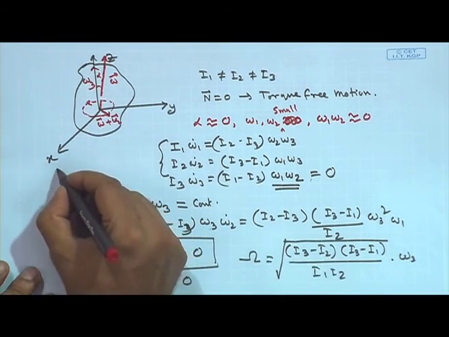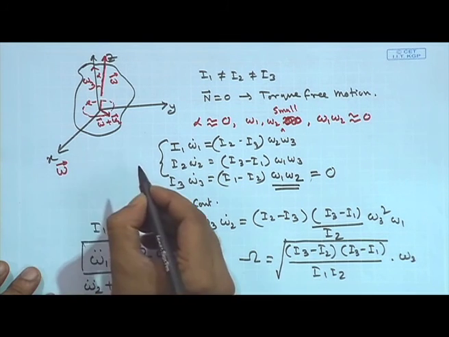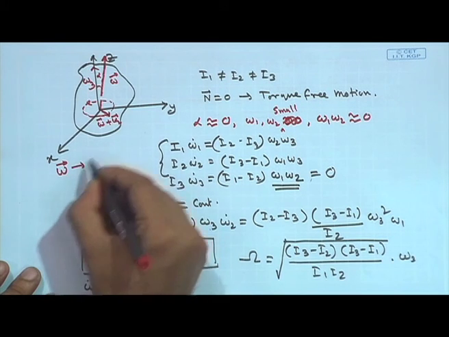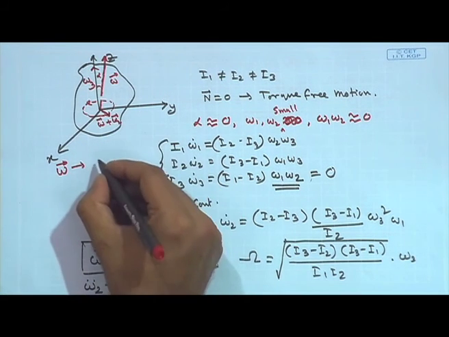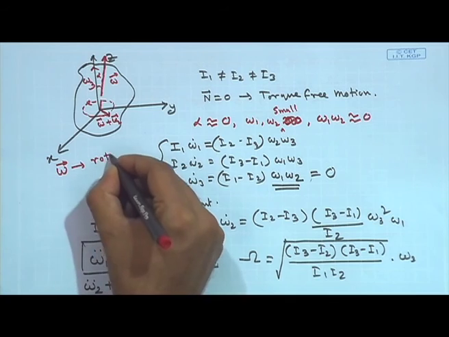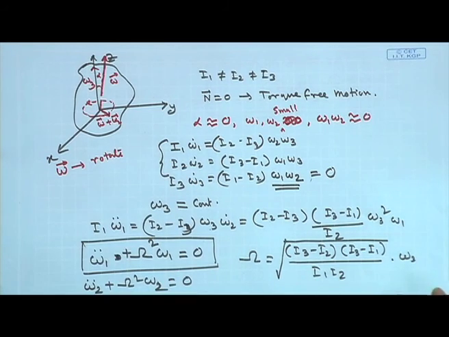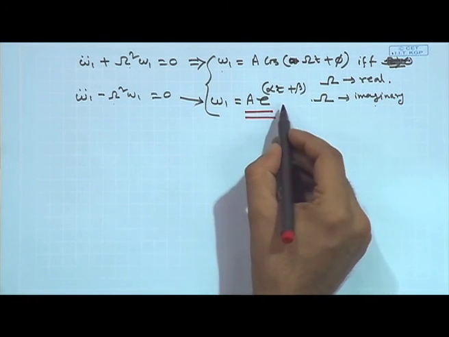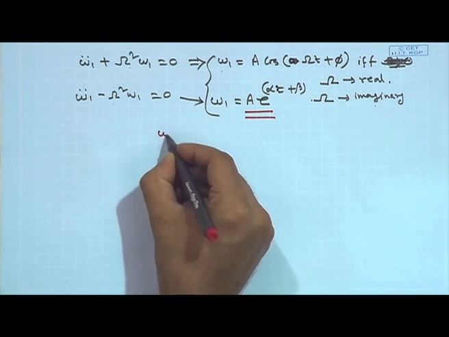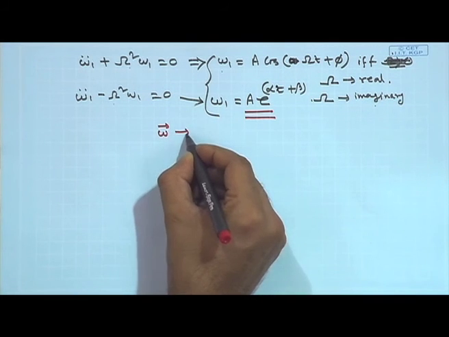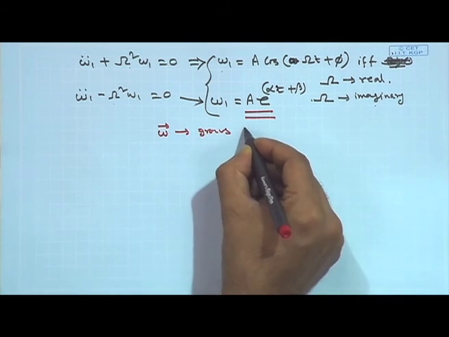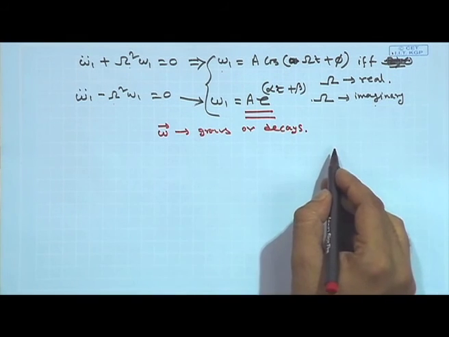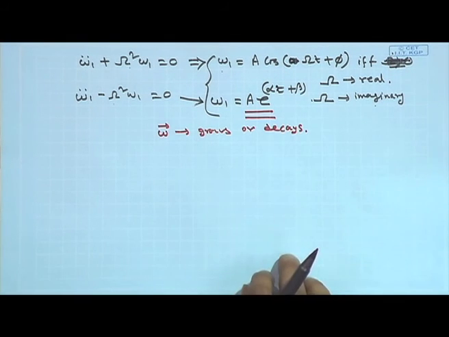If omega 1 and omega 2 rotate, then omega will also rotate. But if omega 1 and omega 2 either decay or grow exponentially, then the total magnitude of omega also grows or decays, in which case the motion will not be stable.